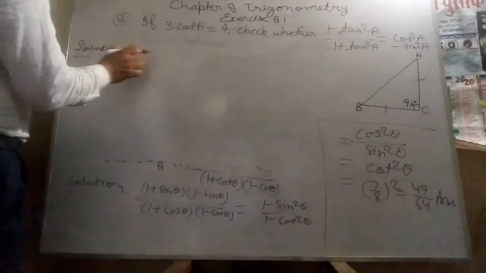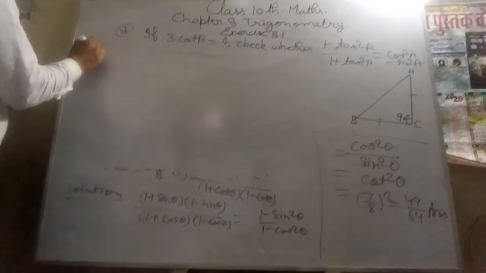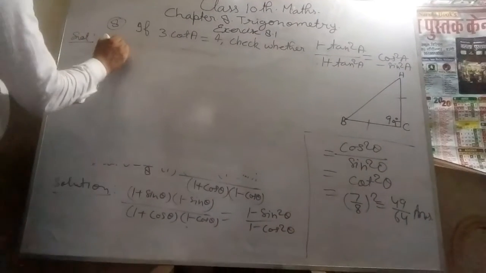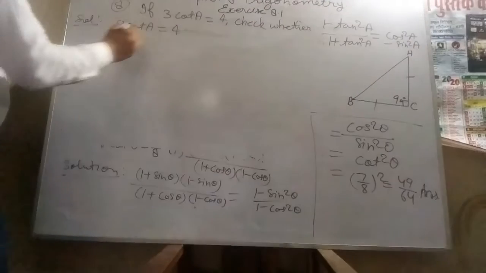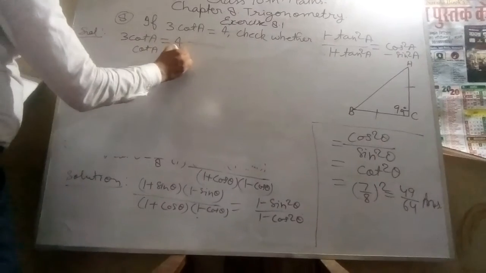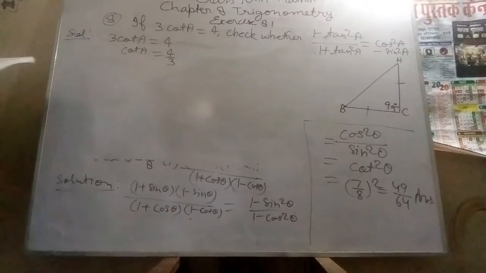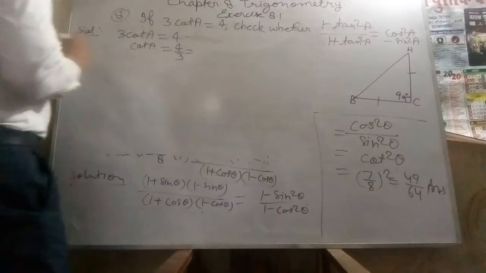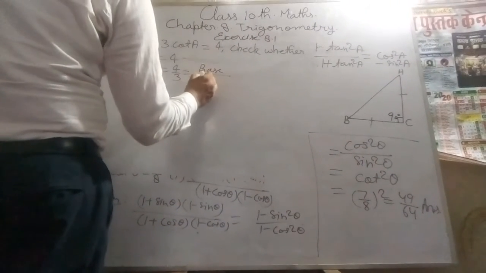Now solve it. Very simple problem. Given that 3 cot A equal to 4. Now resolve it. Cot A equal to 4 by 3. We know that cot A equal to base upon perpendicular.